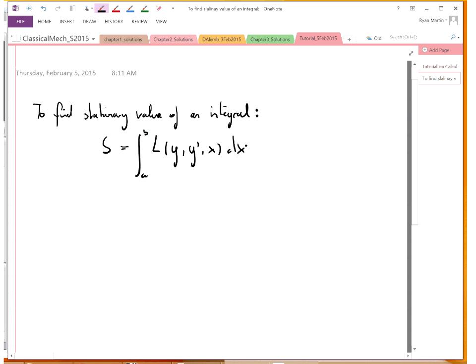And so what do I mean by stationary value of an integral? I mean the function y of x such that this integral is maximal or minimal. So it's not so much a point as a particular function. Okay?